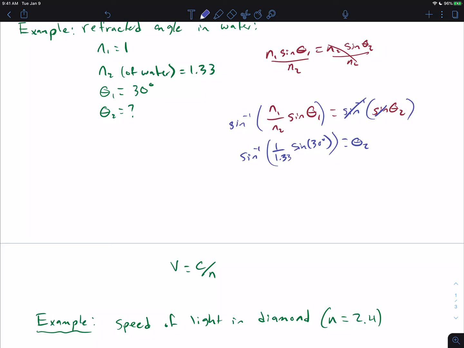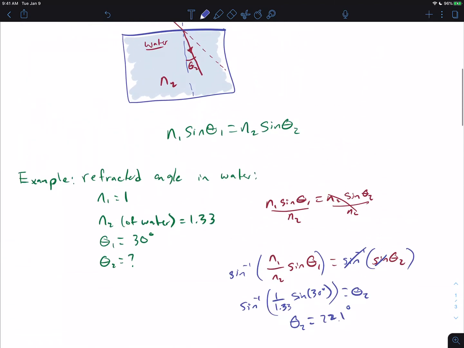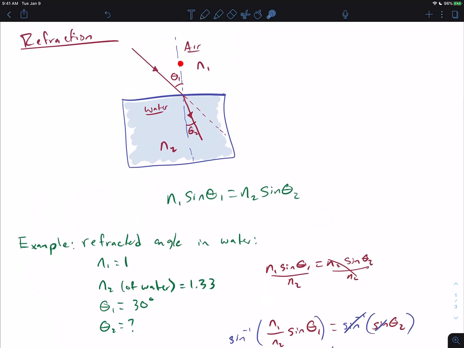So I've got 1 over 1.33, half of that, and then the sine inverse of this will give me theta 2 is approximately equal to 22.1 degrees. So you can see here that we start out with 30 degrees from the normal, and then we end with 22 degrees from the normal.